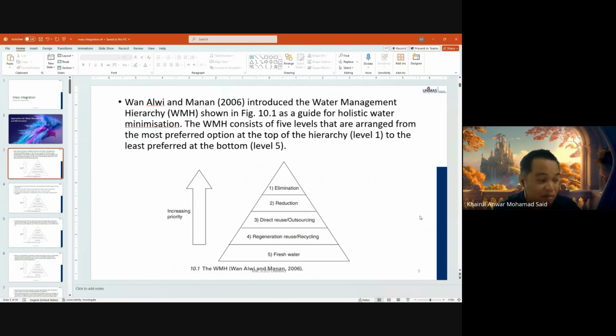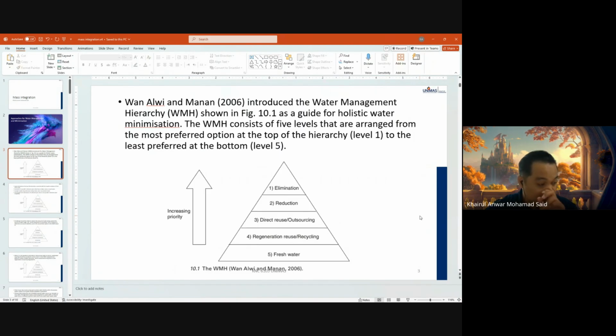Source is where we take the water, where we outsource it, and sink is where we direct the water. So for level 3 here, this is where it's interesting. We do water integration here. We do the optimization.